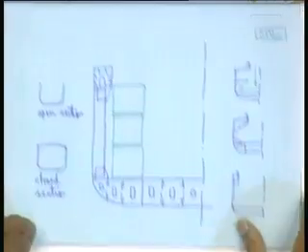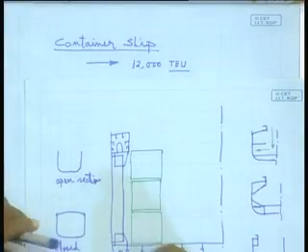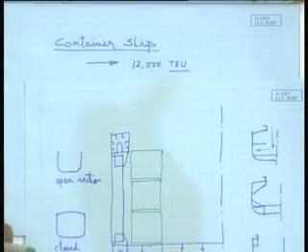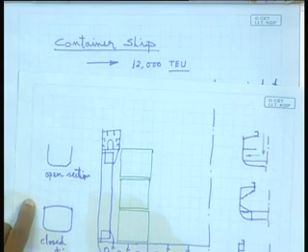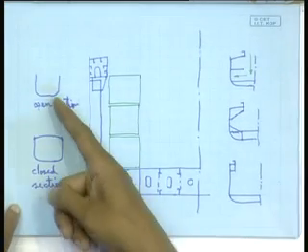But today, even a 12,000 TEU container ship is much smaller than that. But still, we say it is a challenging job to build a vessel having 12,000 TEU capacity, a container ship, for the simple reason that it is an open section.